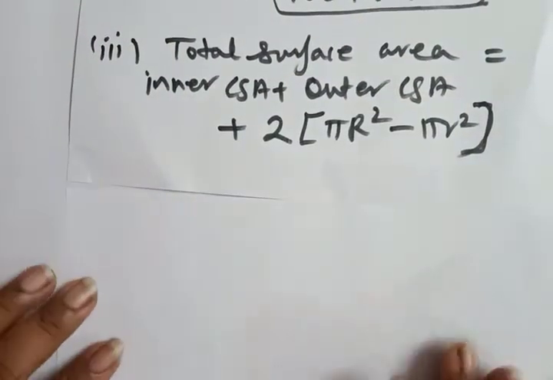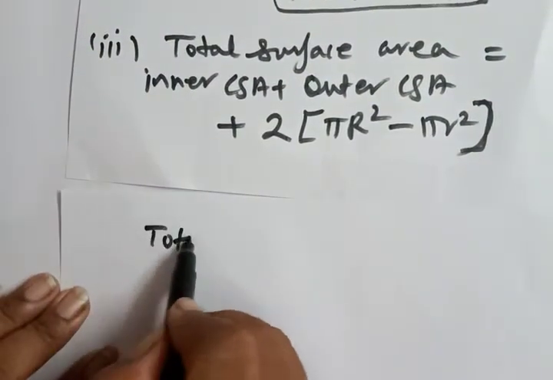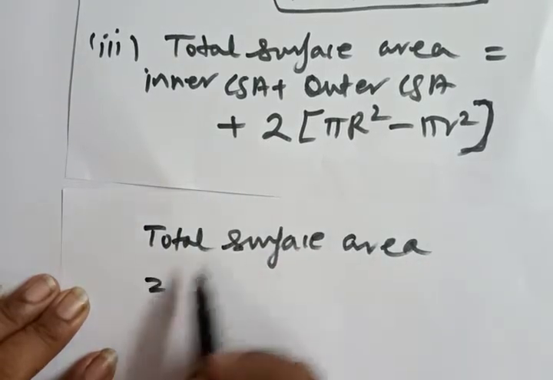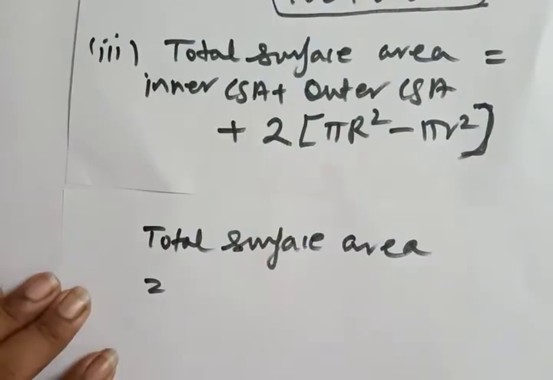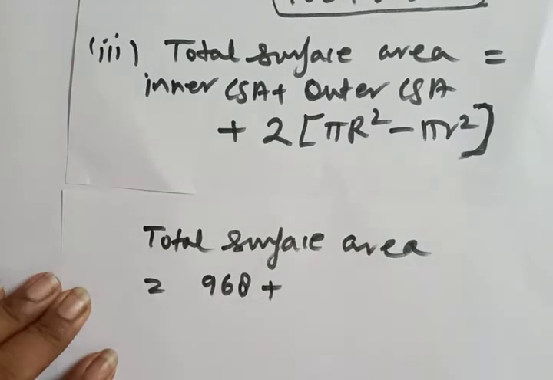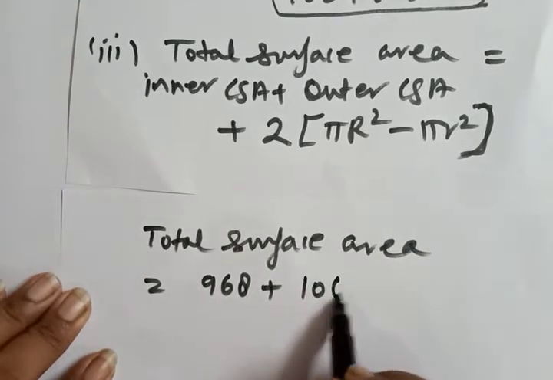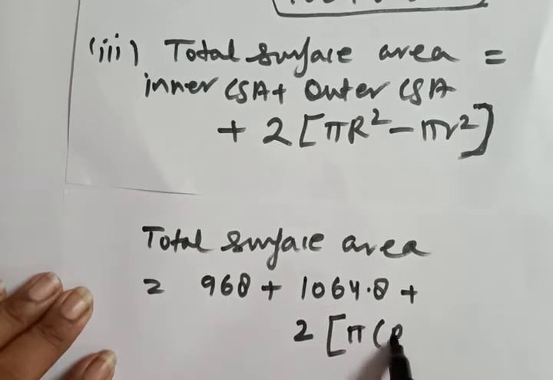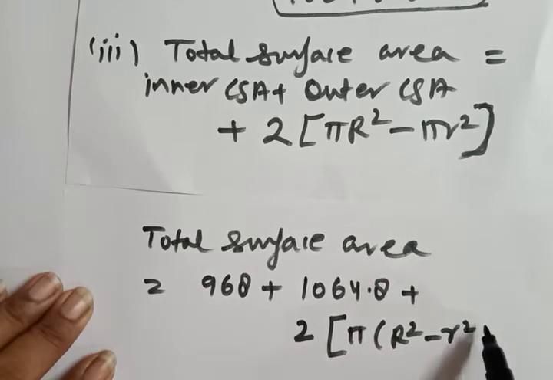So as we know, the total surface area will equal to the inner curved surface area, that is equal to 968, plus outer curved surface area, that is 1064.8, plus twice of, taking pi common here, capital R square minus small r square.